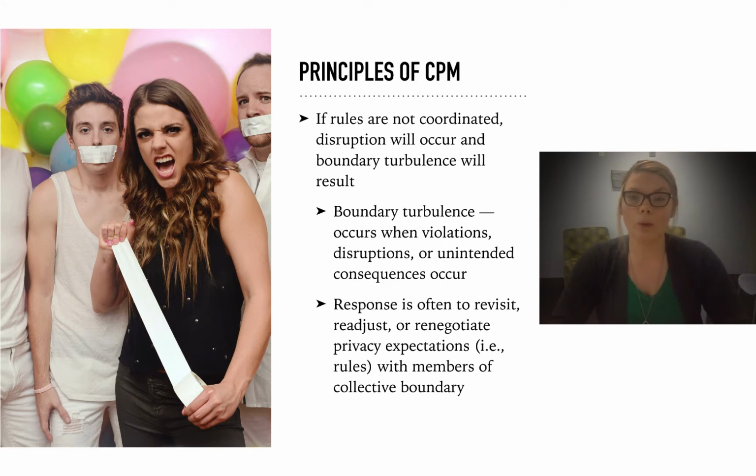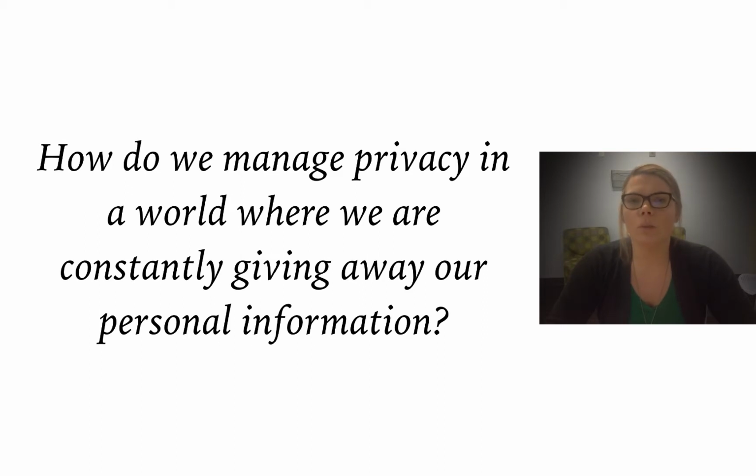So now that we know a little bit more about communication privacy management theory, I have a question. How do we manage privacy in a world where we are constantly giving away our personal information? So as I said a bit earlier, I wanted to provide you a real-world example of privacy management at play. So one really interesting phenomenon that has been occurring more and more, especially with our advances in technology, is revenge pornography.